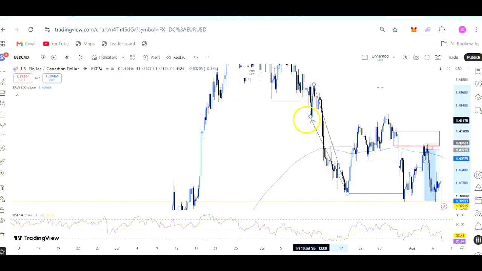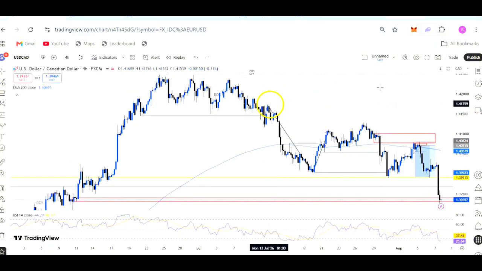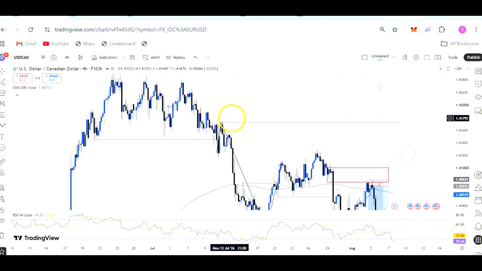Now we have another break of structure to the downside, and after that we know that this is our high here. Just pay attention, I'm just trying to show you how we are able to get this entry. We know this is the high, and before this market can continue moving in an uptrend, we want to see this particular point taken out.